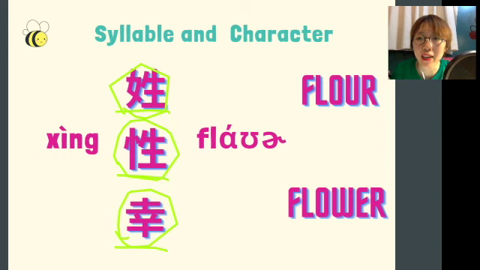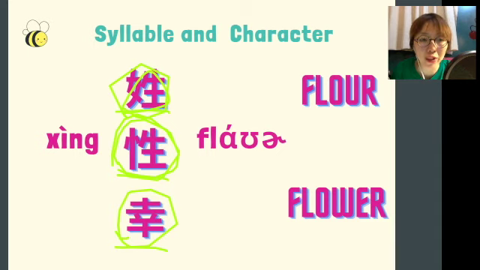Another thing I want you to pay attention to is, if you know the pronunciation of the first character, you may have a good chance to guess the pronunciation of the second character because they share the same radical. This is a pretty useful tip for knowing the pronunciation of Chinese. Not 100%, okay? Just a tip, like a reminder sometimes.